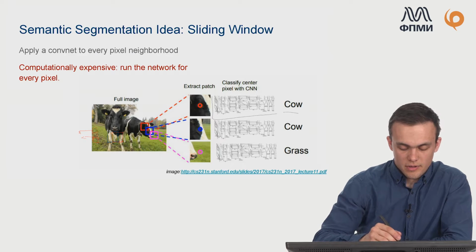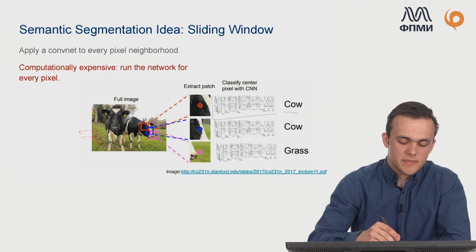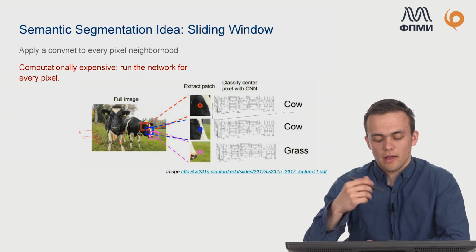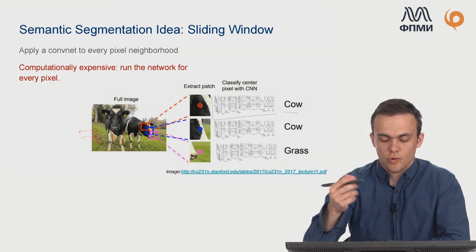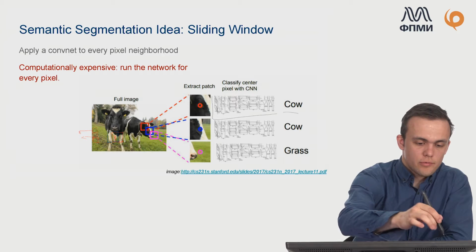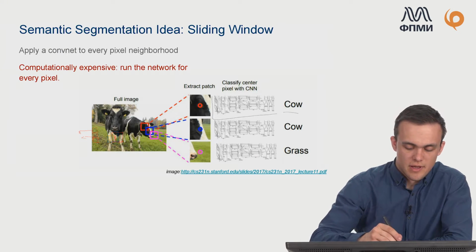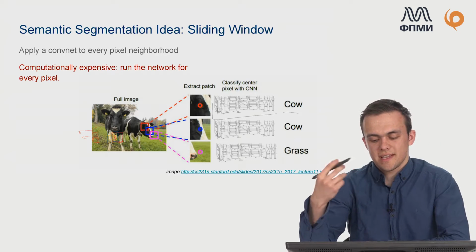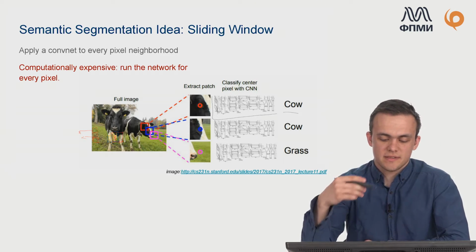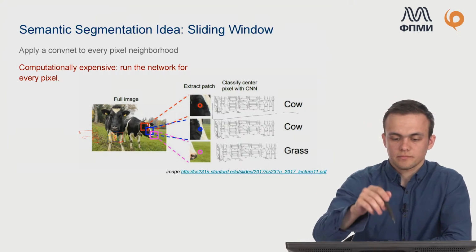When you evaluate the network for two different squares, these pixels that overlap, you are computing the same thing twice. If you recall how a neural network works, it uses even smaller patches and applies filters to them, so you're computing the same thing two times. So this is a terrible idea. It's computationally really ineffective.